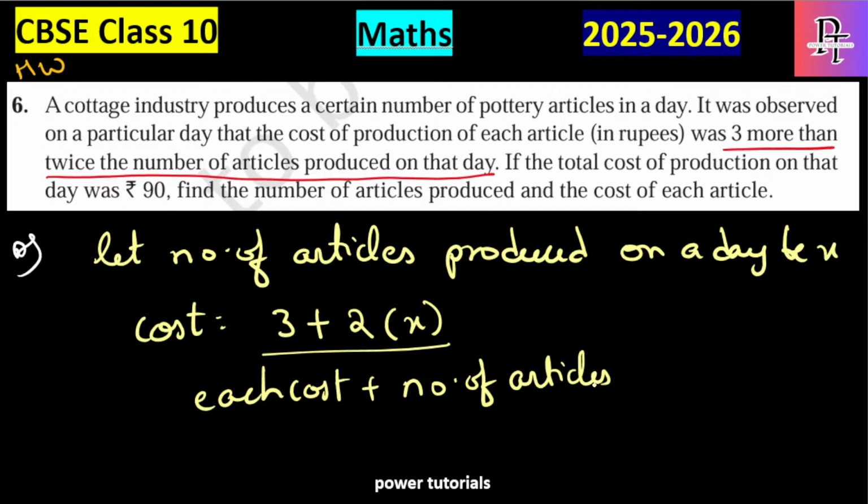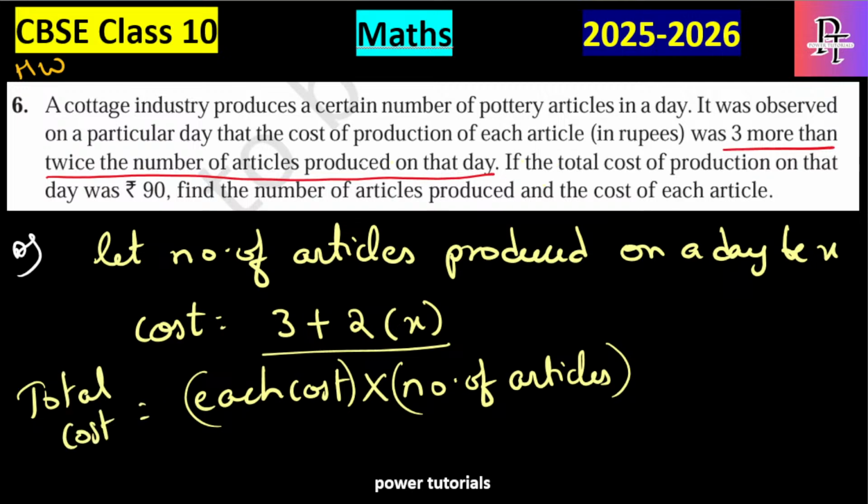It will be 5 into 20, which is 100 rupees. Same way here, the cost of each article we know is 3 plus 2x, and the number of articles is x. So I'm sorry, I wrote plus here; it should be each cost into number of articles, which will give me the total cost.